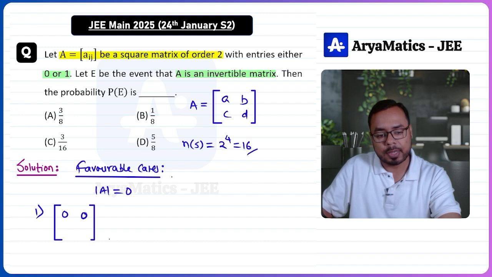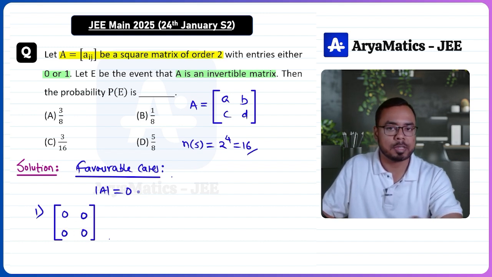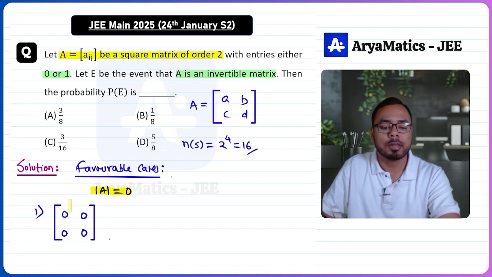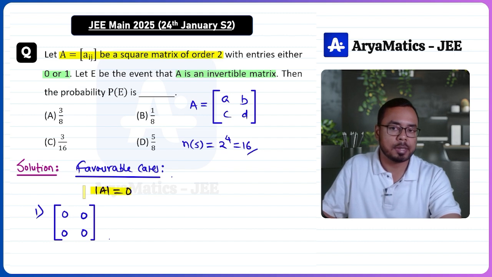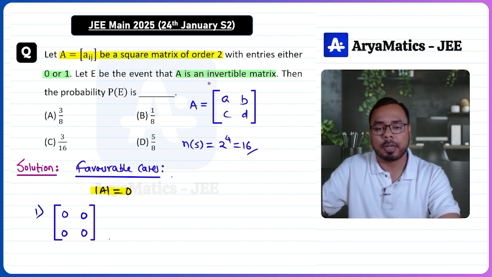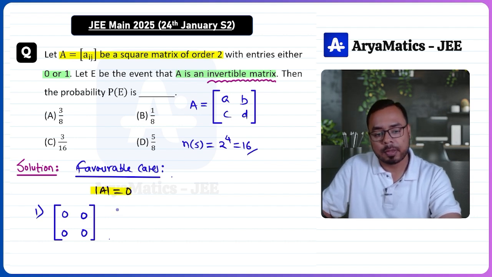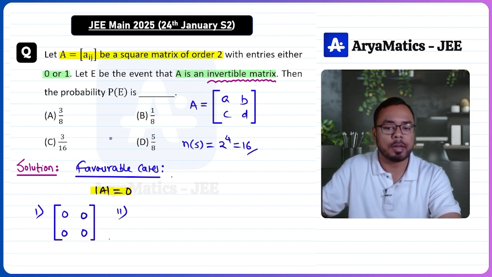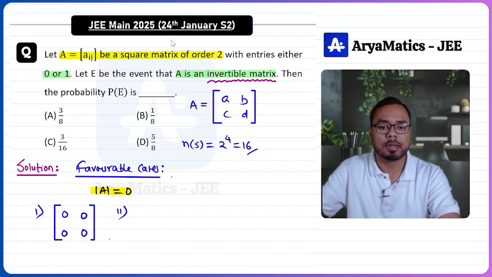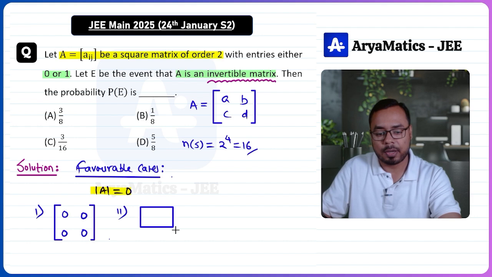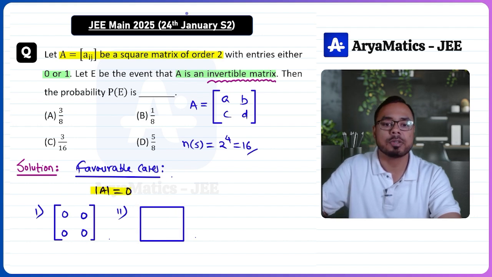In this case, clearly you will get one matrix whose determinant is 0. First we'll count the number of matrices having determinant 0, and then total minus those matrices will give us the number of invertible matrices. So one possibility is all four elements being 0, and there will be only one matrix with all entries 0 and determinant 0.